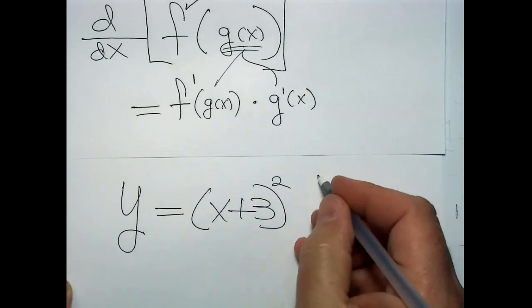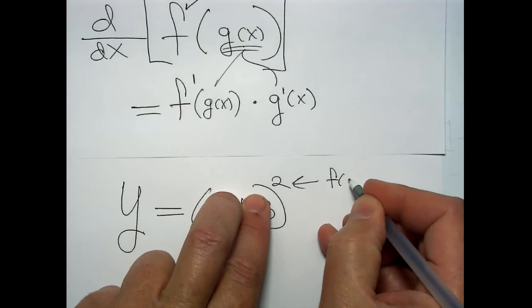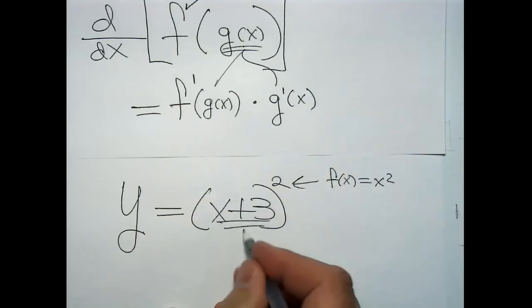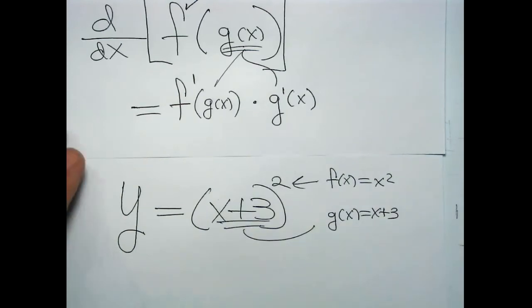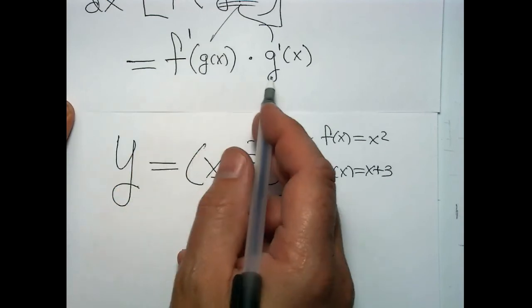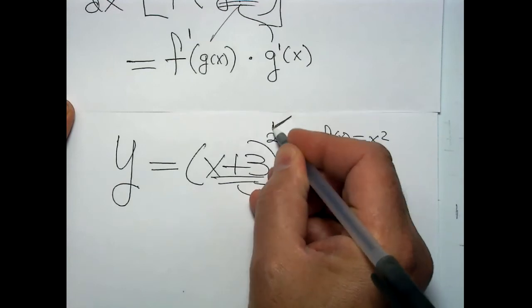My outer function, like if I just cover this up, my outer function is a squaring function. My inner function is just x plus 3.